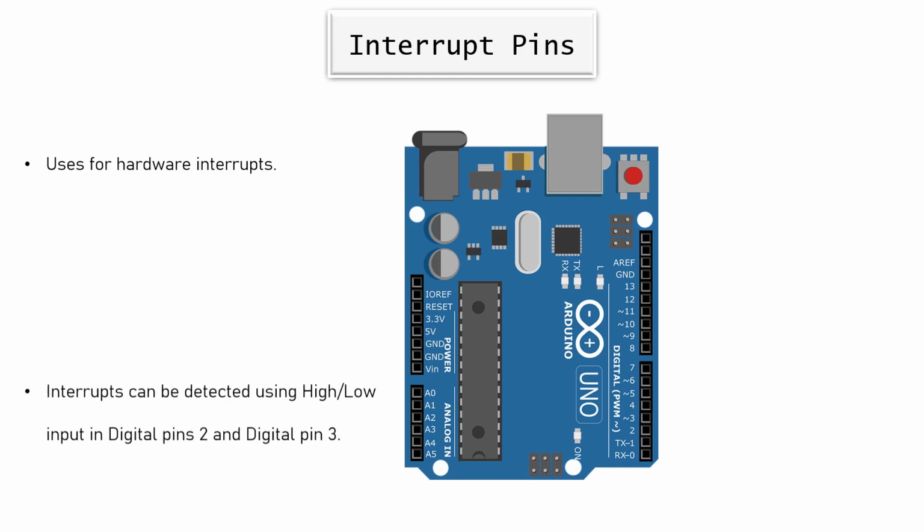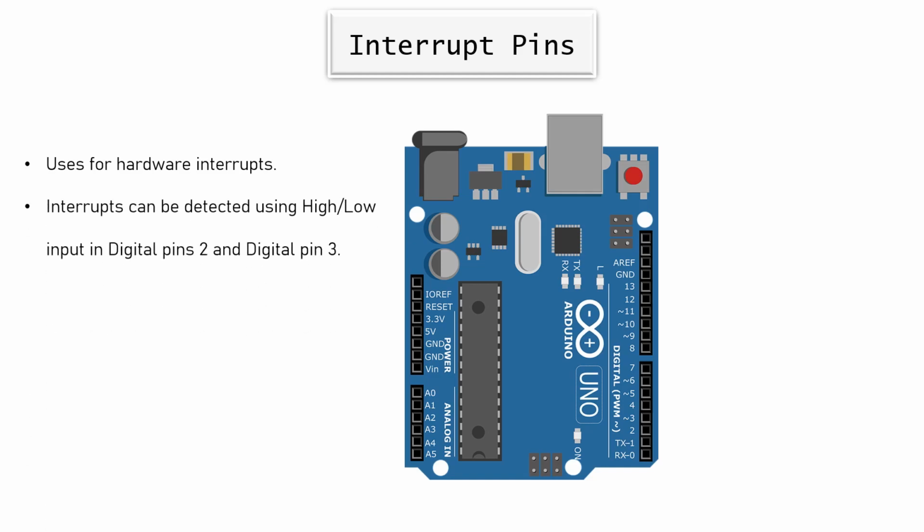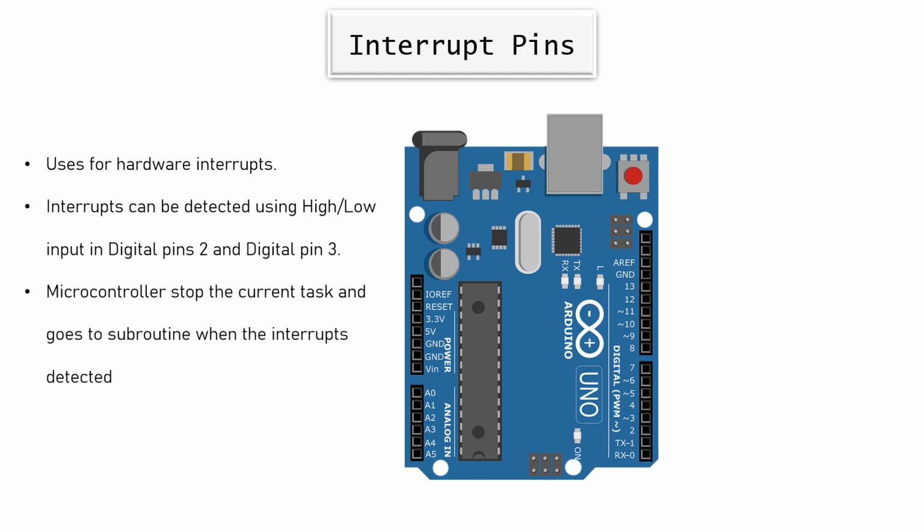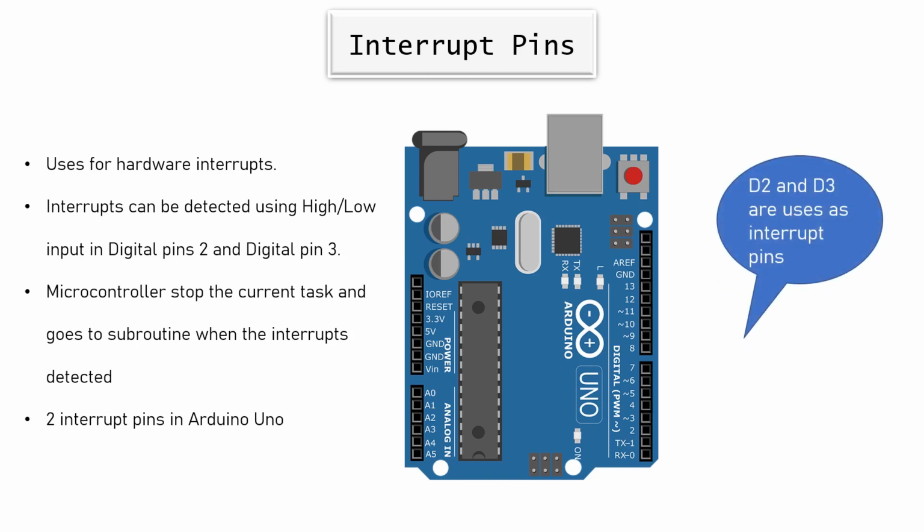Interrupts can be detected using high or low input on digital pin 2 and digital pin 3. The microcontroller stops the current task and goes to a subroutine when an interrupt is detected. There are 2 interrupt pins in Arduino UNO. The interrupt pins are D2 and D3.